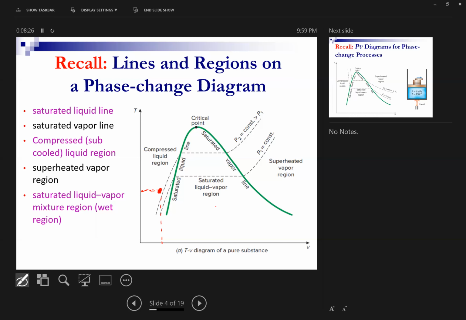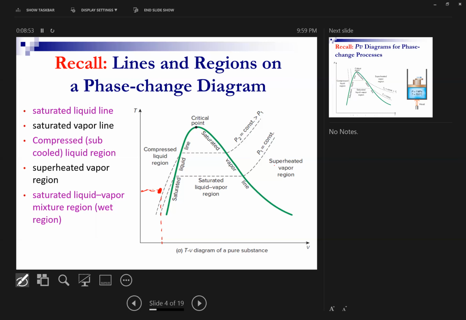Like the condition when the water is just boiling and vaporizing. But if it happens that my temperature is so high or pressure is so low, and I happen to be on the right hand side of this graph, it means that the entire material is in vapor phase, right?